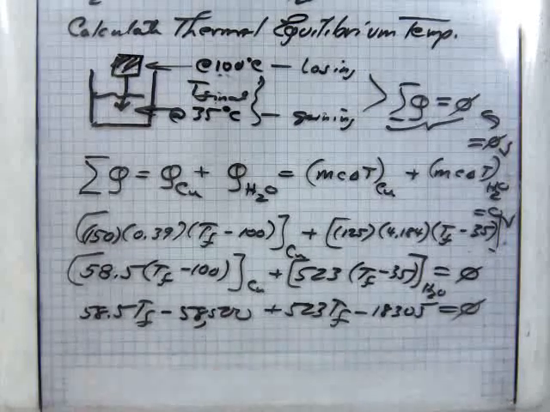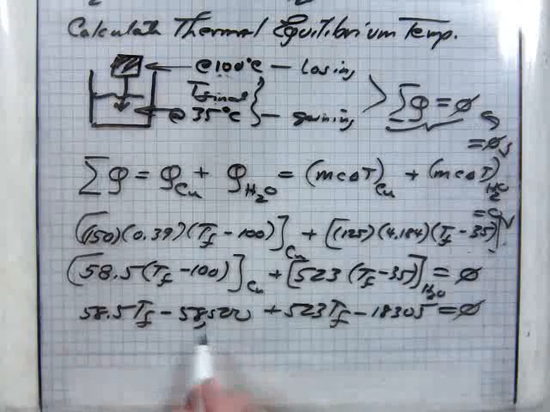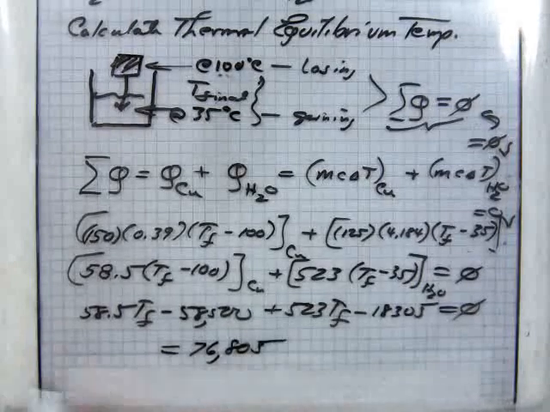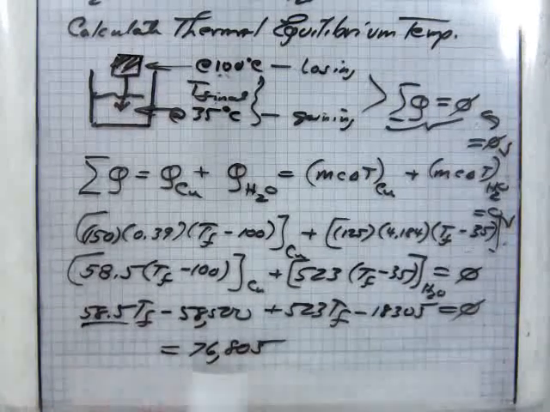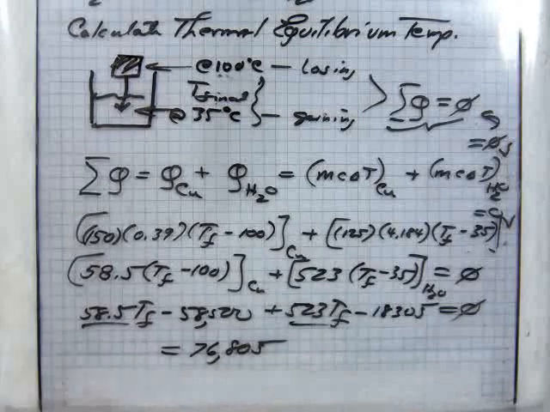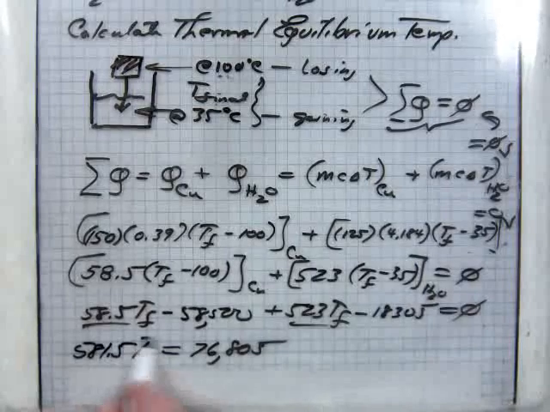Plus 5,850 plus 18,305 gives 24,155. Then we have 58.5 and 523, and that is 581.5 T final.